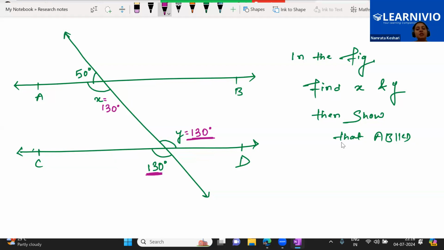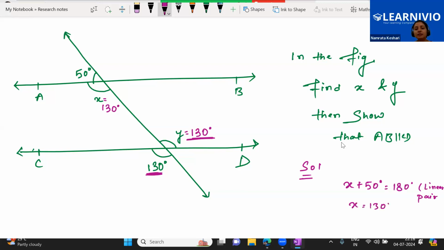So how will we start with the solution? We will write it like this. X plus 50 degrees is equal to 180 degrees. Here we will write linear pair. And from here we will say that X value we are getting as 130 degrees.